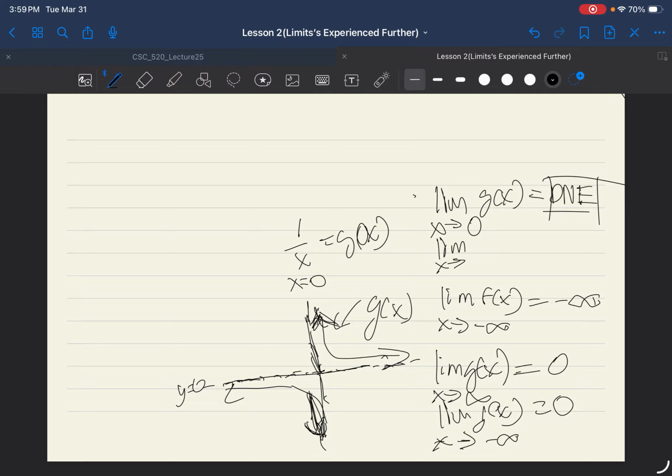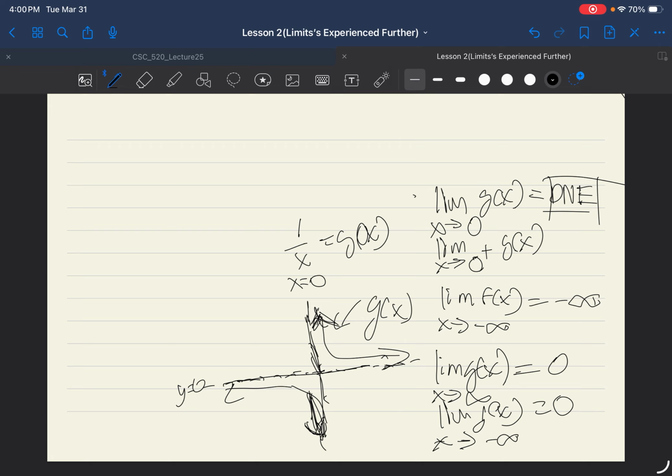This, on the other hand, does exist. Well, it still diverges to infinity, but this is special because this represents 0 from the right side. This is something you need to know. This plus sign does not mean it's a positive number. It doesn't mean anything like that. It means that you're approaching it from the right side.